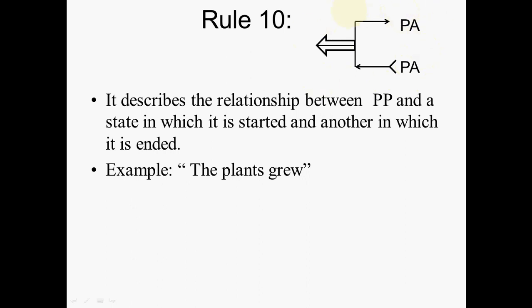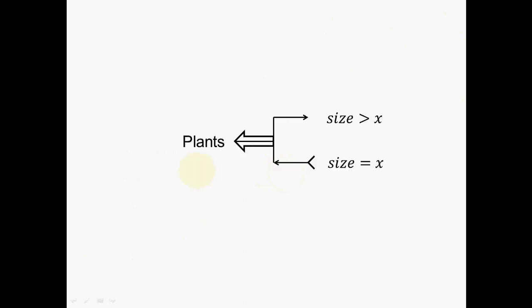Now when do we use this rule? For example, the plants grew. It simply means that the plants, the PP, initially had size equal to X, and now the size is greater than X. So the size of the plant was equal to X, and now the size of the plant is greater than X. This actually means that the plant has grown.